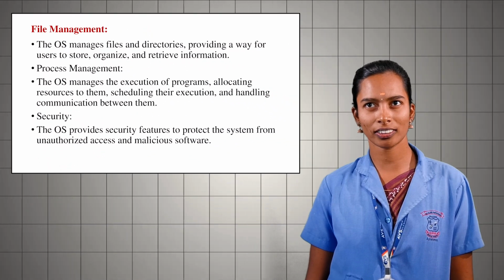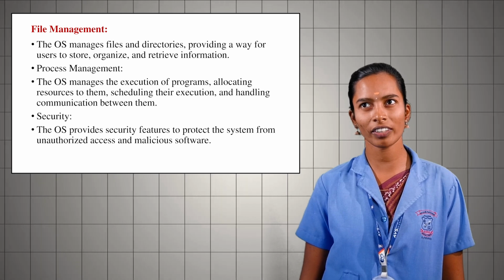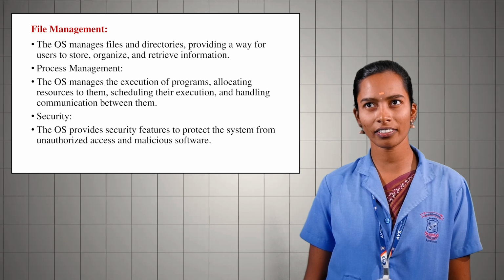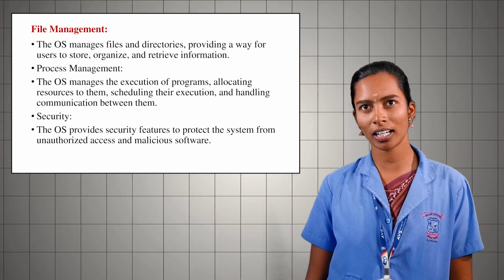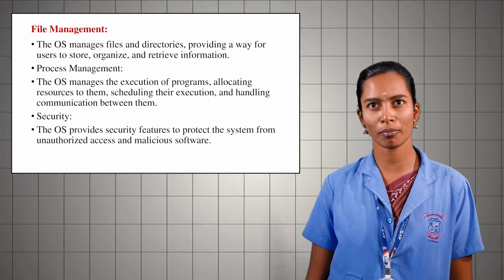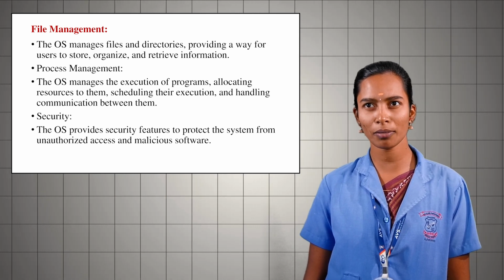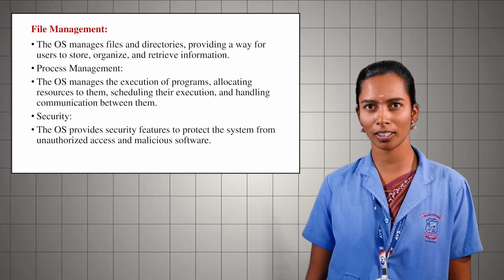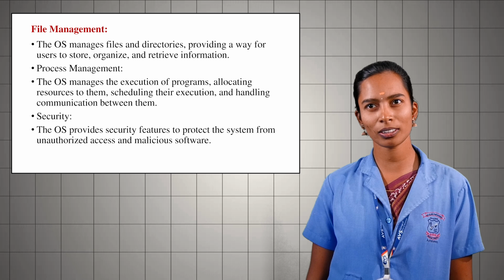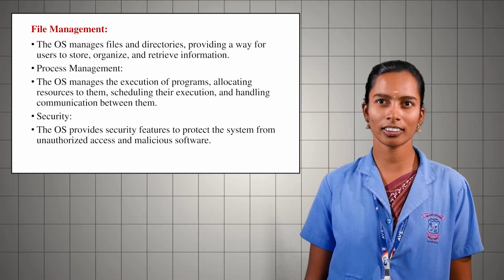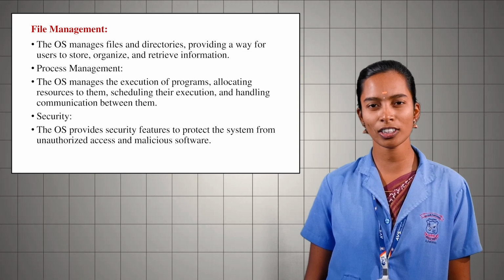The OS manages files and directories, providing a way for users to store, organize, and retrieve information. Process management. The OS manages the execution of programs, allocating resources, scheduling their execution, and handling communication between them. Security. The OS provides security features to protect the system from unauthorized access and malicious software.